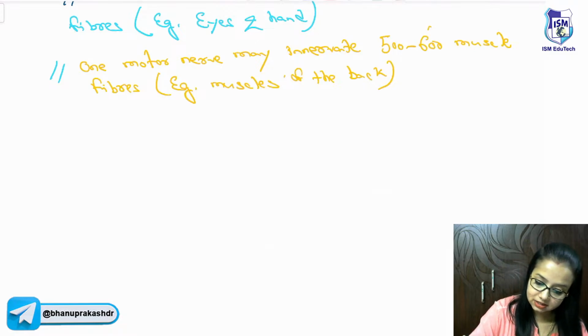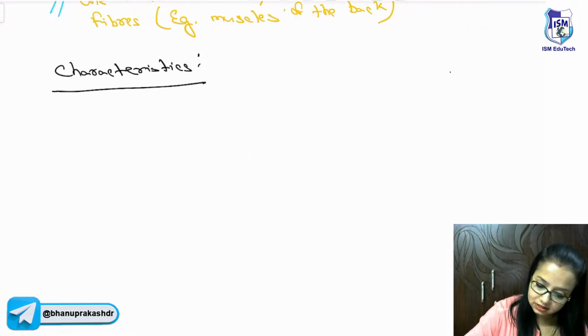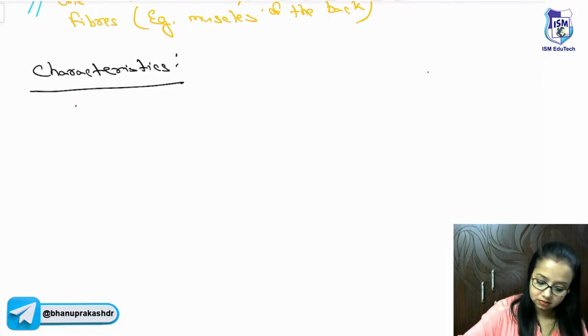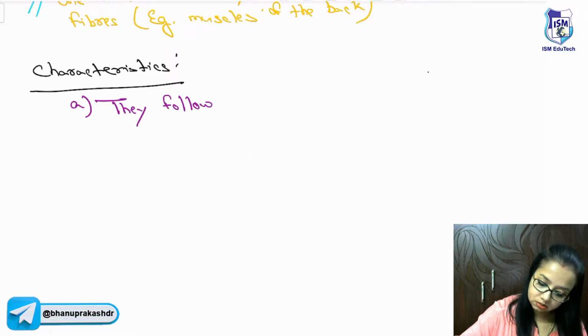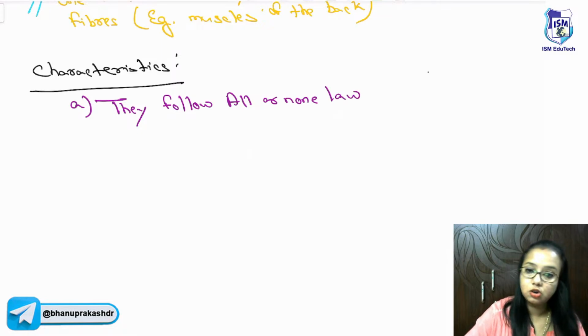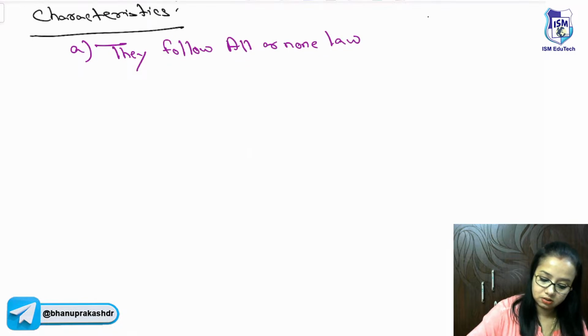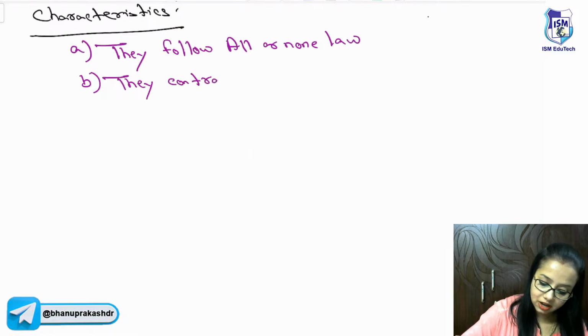Now, what are the characteristics of this motor unit? The characteristics are they follow the all or none law. They follow the all or none law. They contract synchronously.